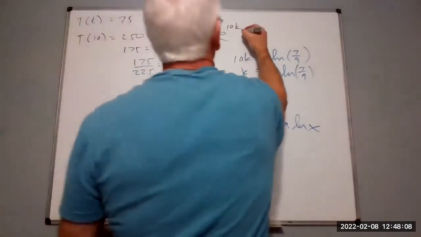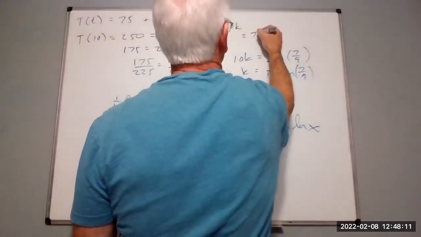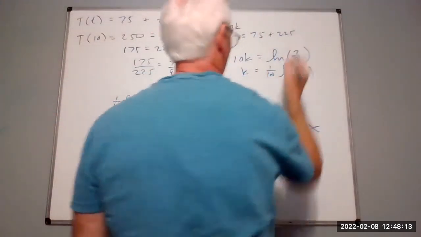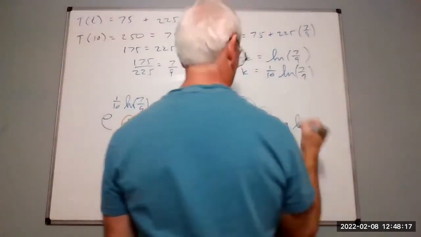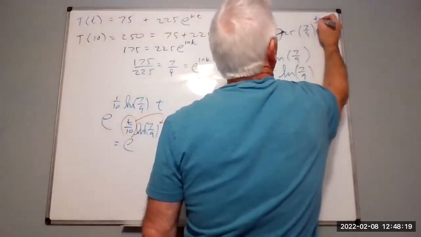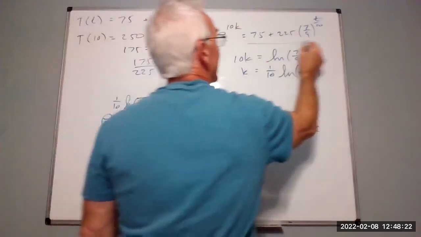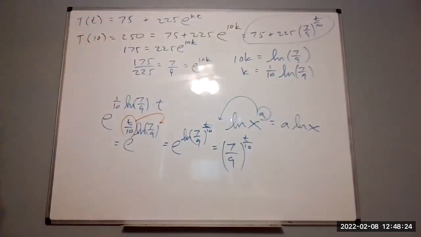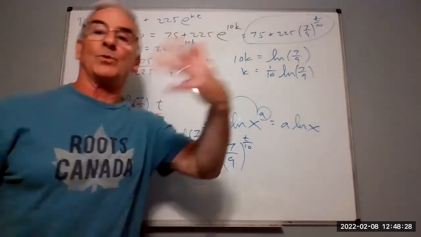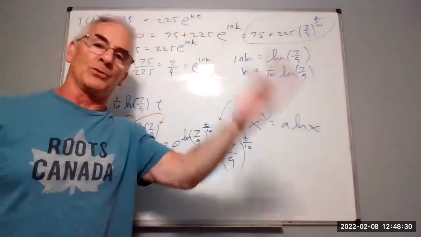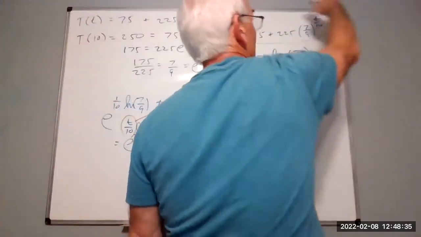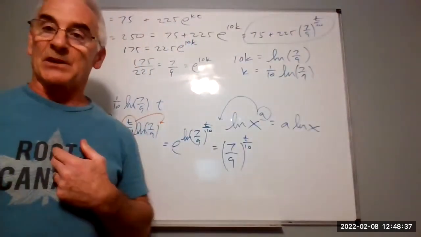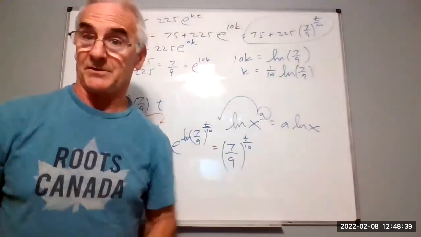And now that means our function is 75 plus 225 times 7/9 to the t over 10. This is our function for any time t. So if you ask the question, when will it cool down to 100 degrees? When will it cool down to 200 degrees? Then I would set this equal to that value and solve for t. I'm asking what's going to happen in 20 minutes.